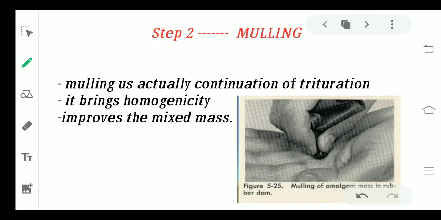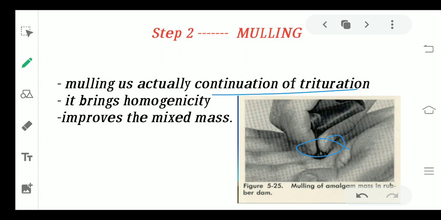Coming to step 2. Step 1 was trituration. Step 2 is mulling. Mulling is basically a continuation of trituration. After we have mixed the mass properly in a mortar and pestle, we keep the mass on the palm, and you can also use a mulling cloth which is available in the market, or you can directly keep it on your palm, and you mix it with your thumb in a kneading kind of way, so that all the excess mercury moves out, and it is again homogeneously mixed.